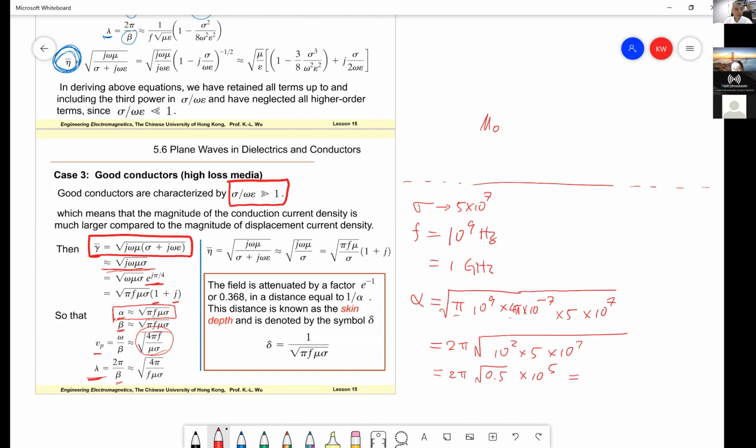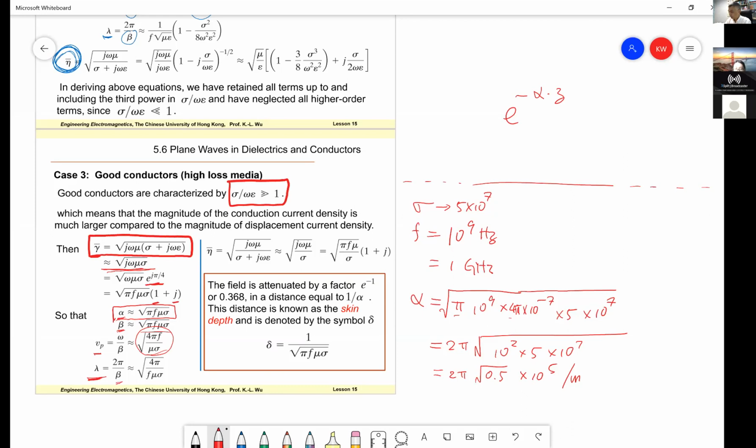What that means is the wave will attenuate. The attenuation factor alpha times z. Follow this, right? This is per meter. How much attenuation per meter? This attenuation factor is how much per meter?